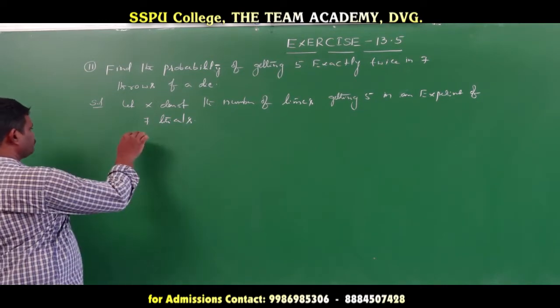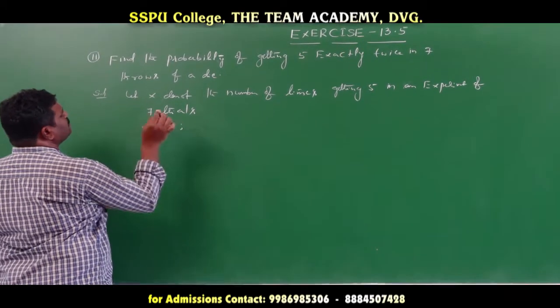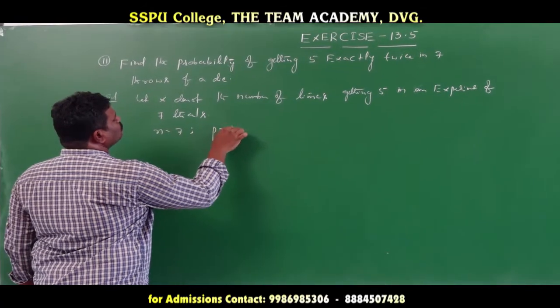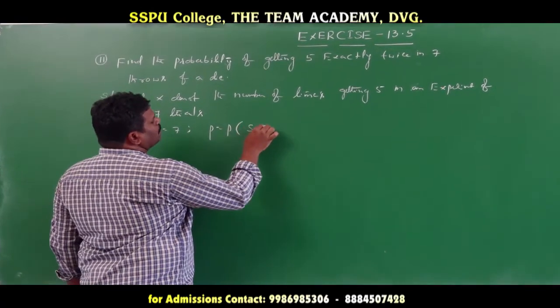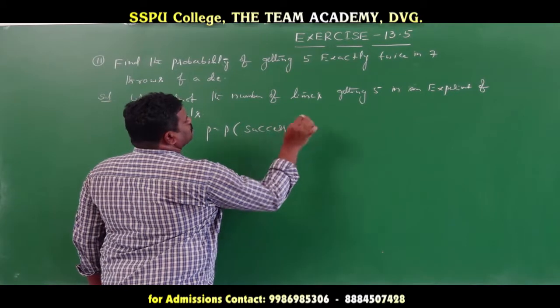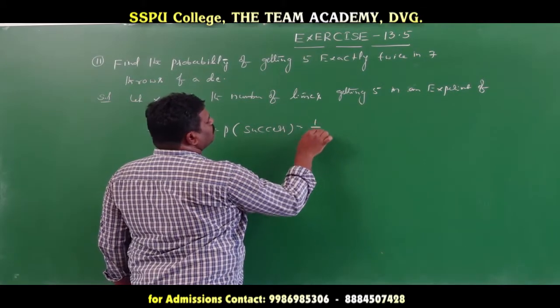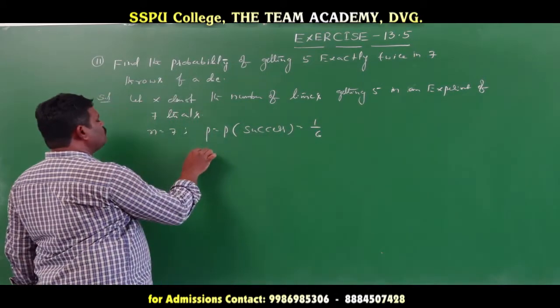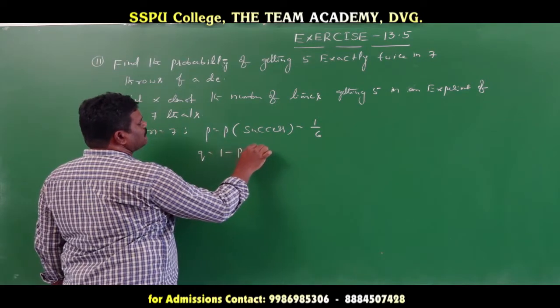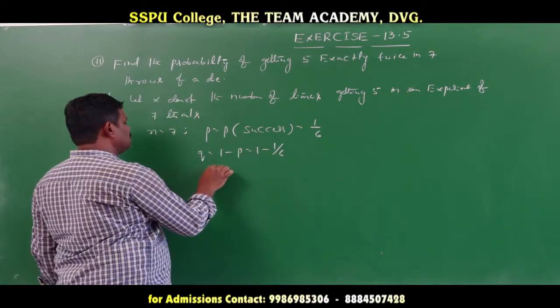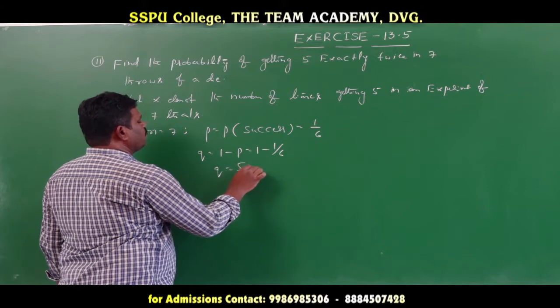So n is equal to 7 and p, the probability of success, getting 5, is 1 by 6. Then q is equal to 1 minus p, that is 1 minus 1 by 6, so q is equal to 5 by 6.